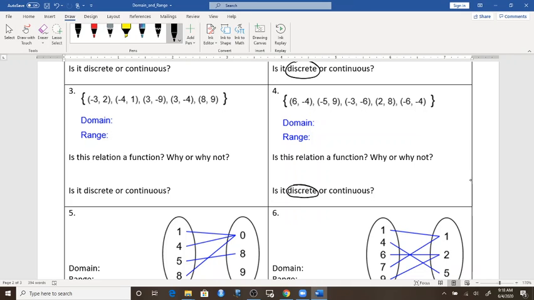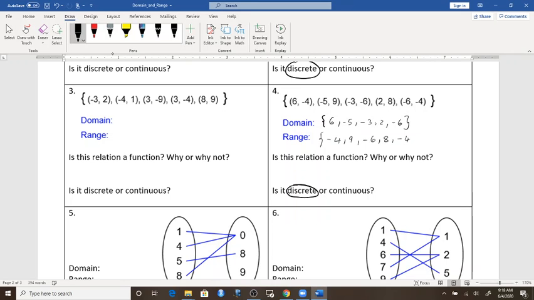So the domain is 6, and so we're going to start from 6, and then we have -5, -3, 2 and -6, and then for the range instead we have -4, 9, and then -6, 8, and -4.